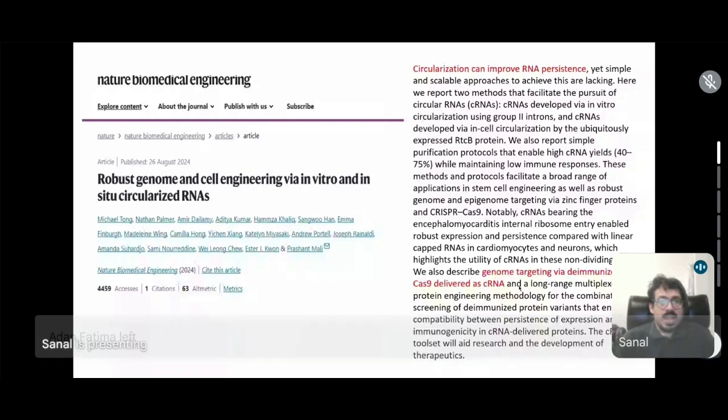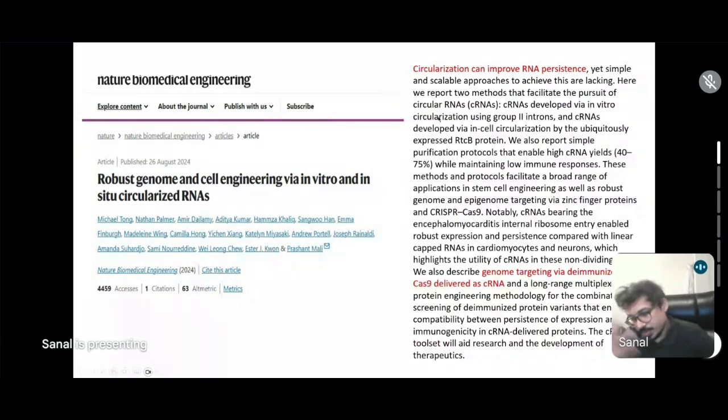And there is another recent paper which tells about circularized RNA, which can be used in gene editing, because you always need to provide either the Cas9 protein or the gene editing template. So all this can be given as RNA.